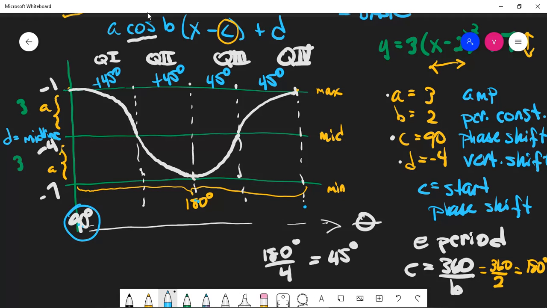So 90 is your start phase shift, and then you add another 45 degrees to that. Let me make sure I'm doing it right. Calculator. So 90 plus 45 is 135. Plus another 45 gives you 180.